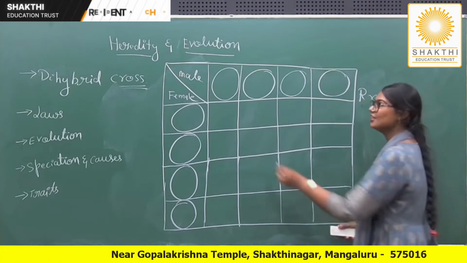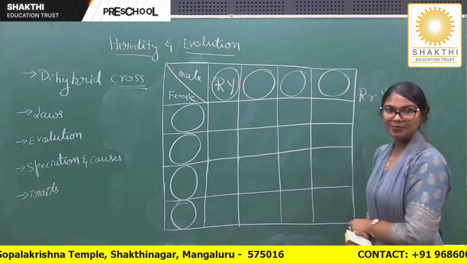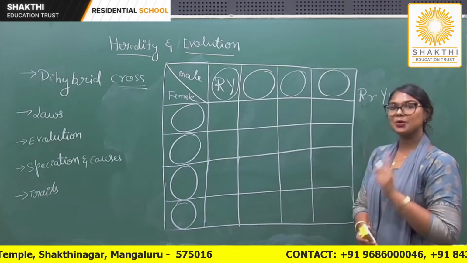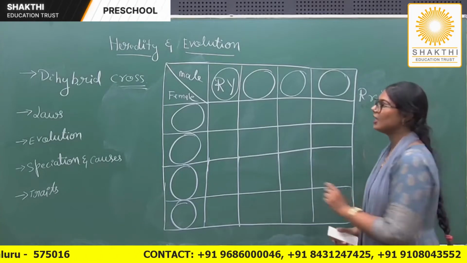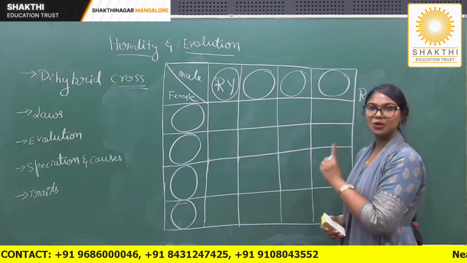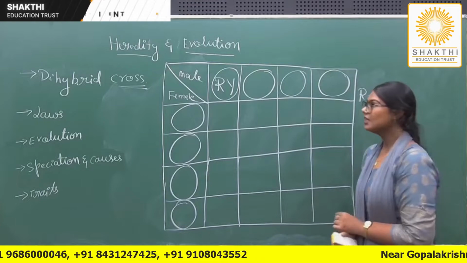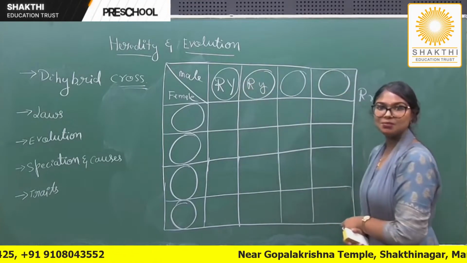Very easy. First box, both are capital, R and Y. You remember the rule, inside one circle, only one letter of one kind. So I cannot write 2 R's together. That's why I am writing R and Y. Both are capital. Second box, one will be capital, the other one will be small.